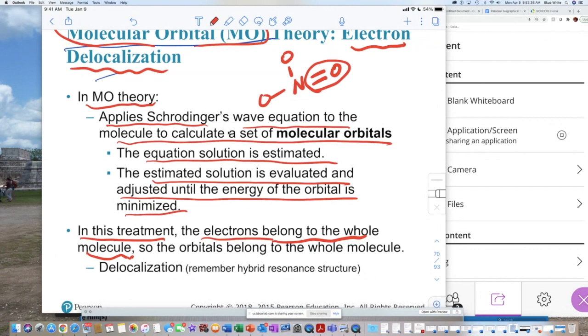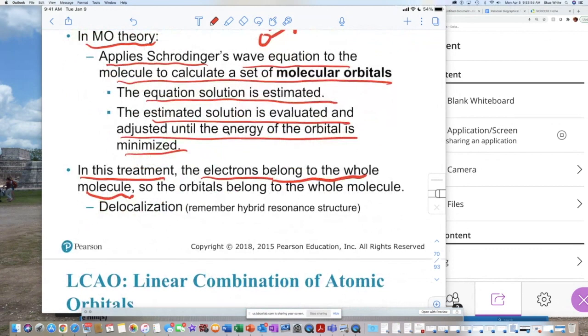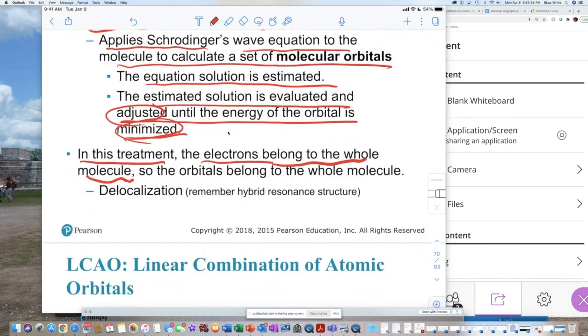So in order to minimize the energy of the molecule from the orbital, they had to spread the electrons around, this double bond electron. In doing so, it minimized the energy. Okay? They were able to adjust and minimize the energy of the orbital. So in this treatment, electrons were now belonging to the whole molecule.